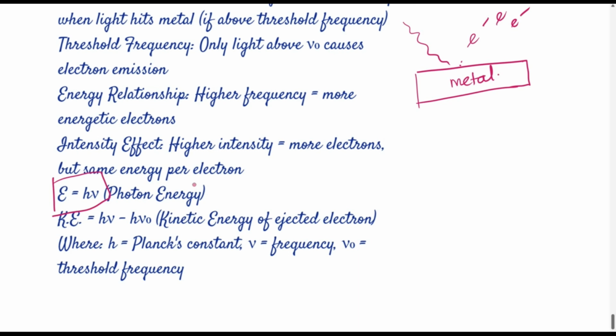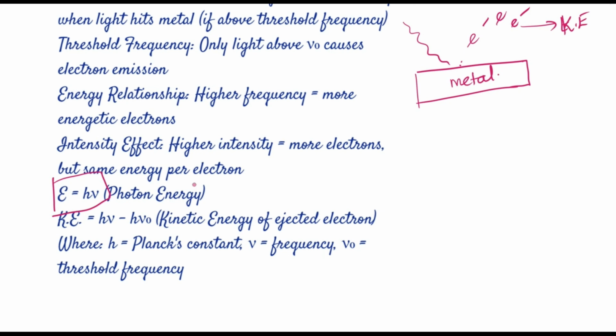If I pass more than the threshold energy, what will happen? These electrons will get the remaining energy, which is the kinetic energy, the energy possessed by the ejected electrons.